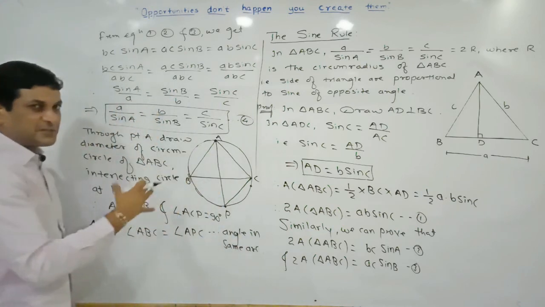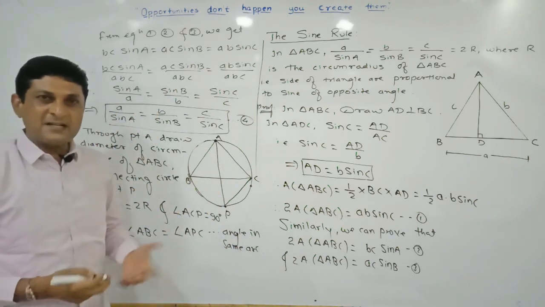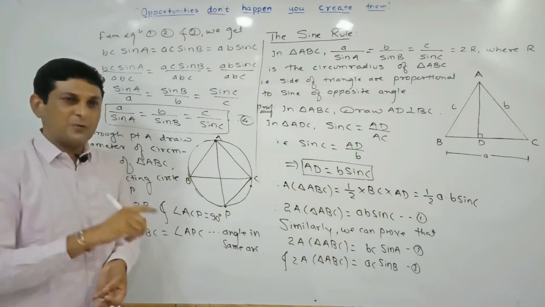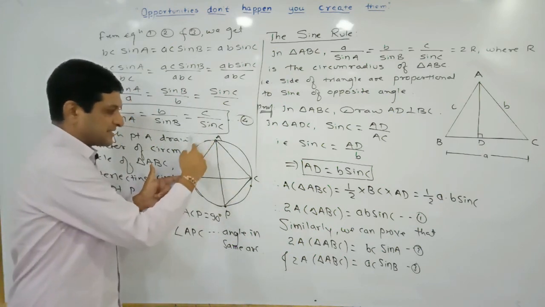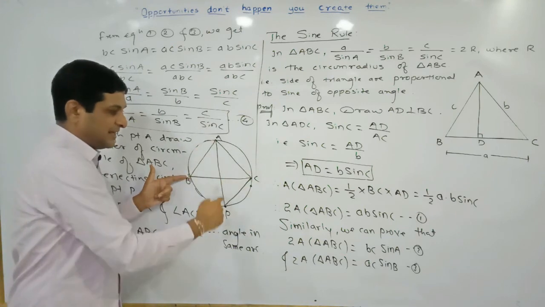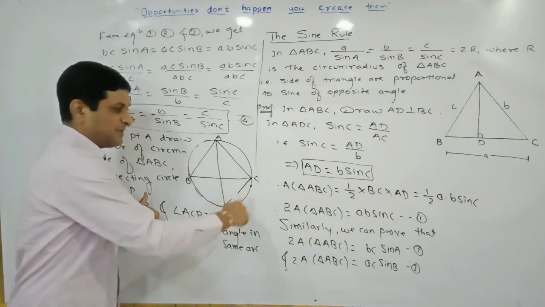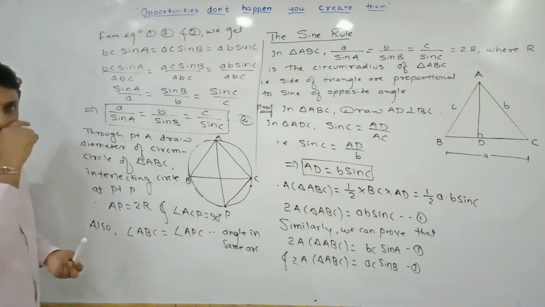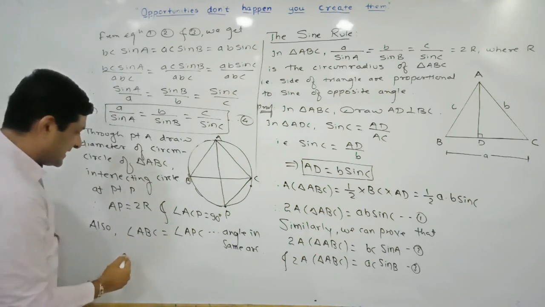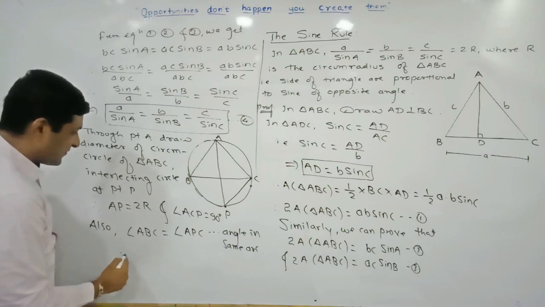This result you have studied in 10th standard. Angle ABC is inscribed in arc AC, and angle APC is also inscribed in the same arc. That's why we can say that these two angles are equal.